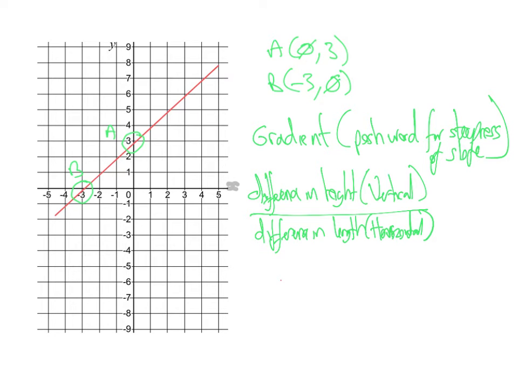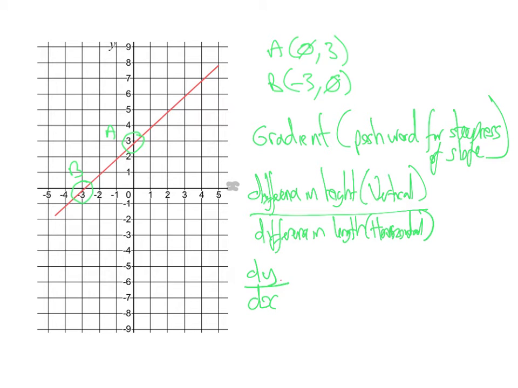Now, because we've got a Cartesian grid, we have 2 points, okay? And what we actually do is gradient is defined as difference in y over the difference in x, between 2 points. Now, D stands for difference, okay? If you get confused with y and x, remember y rhymes with sky, and sky always goes on the top. So that's one way to remember it, dy over dx.